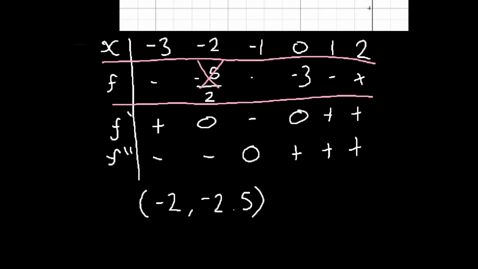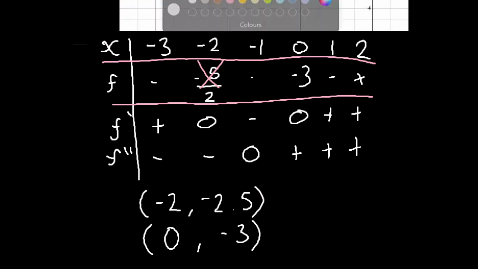We've also got another point, and that is that at 0, we have -3. So that means we've got 2 points there, and we can tick them off. So -2 and -2.5, and then 0 and -3.